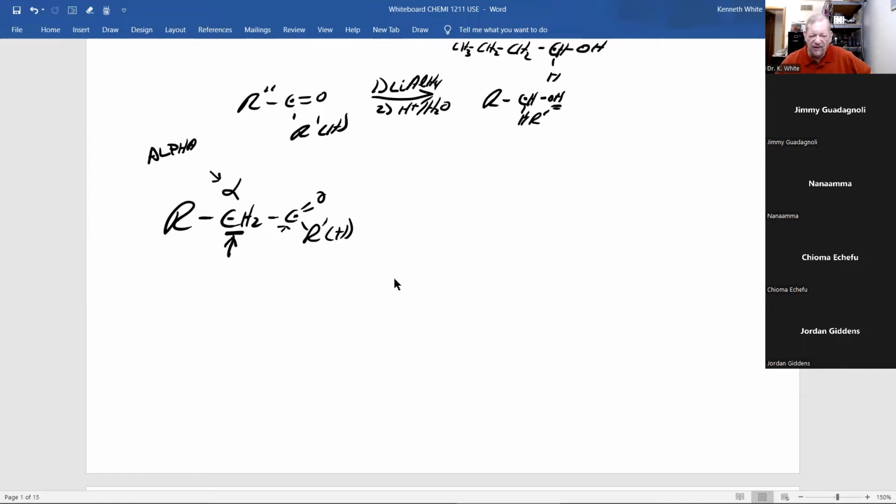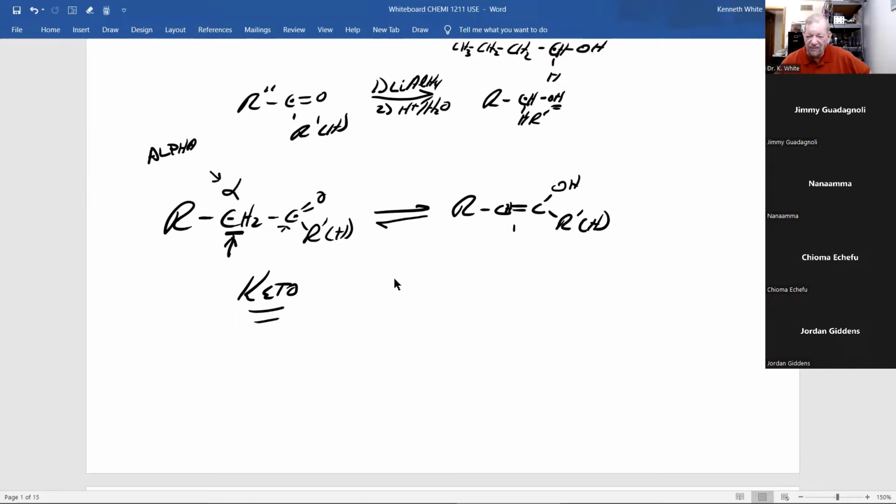And what can happen is, this is not a resonance form because we're moving more than electrons. And what it can do is this. Now, this is called the keto form for ketone or aldehyde.